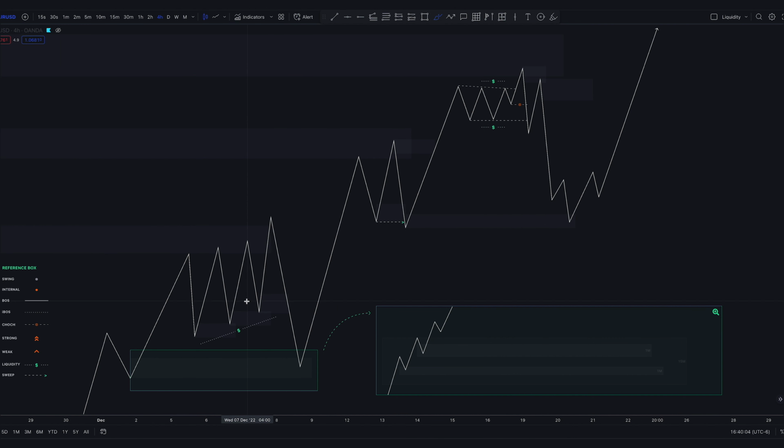So what happened? After all of this was making higher highs, it was creating liquidity to be taken underneath here. All these orders and money were resting down here, correct?